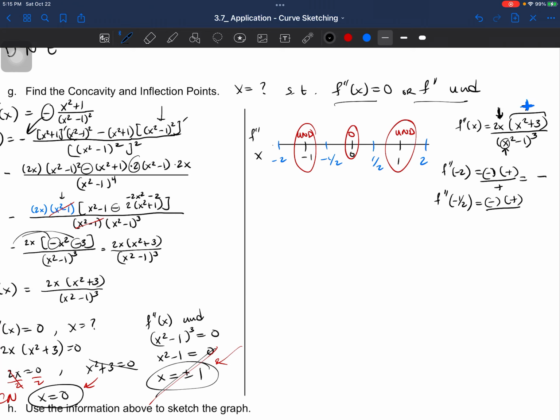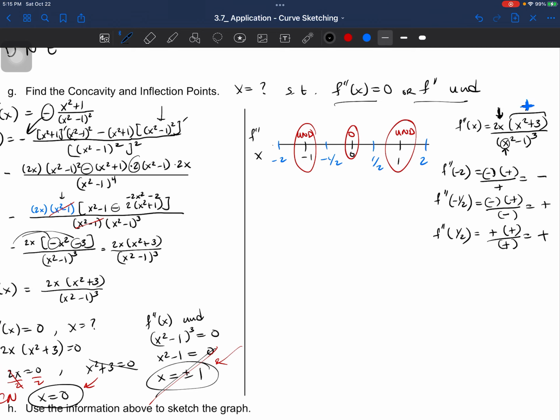If you plug in negative 1/2 in here, that's still going to give us negative. We already said that that's always positive. And then the bottom part, when you plug in negative 1/2 here, that's going to give us positive 1/4. 1/4 minus 1 is going to be negative. Negative to the third power is going to be negative. So this is negative over negative, positive.